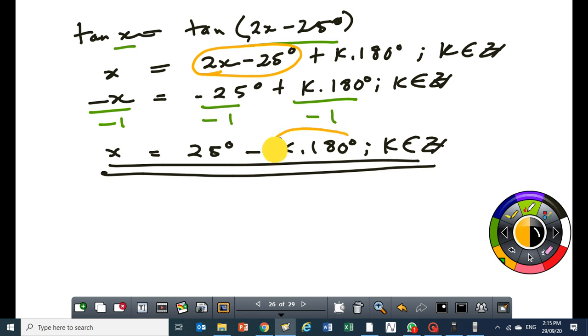This k times 180, you can write as 180 k, but because of the degree sign, we write the k first, then we put a dot, then we put 180 degrees. It's k times 180 degrees.